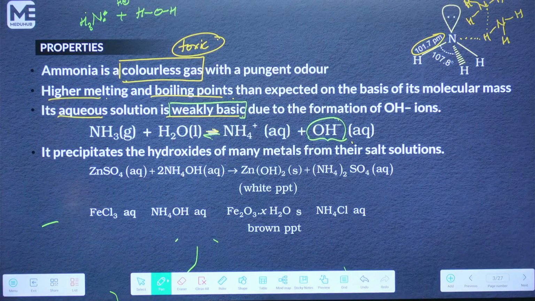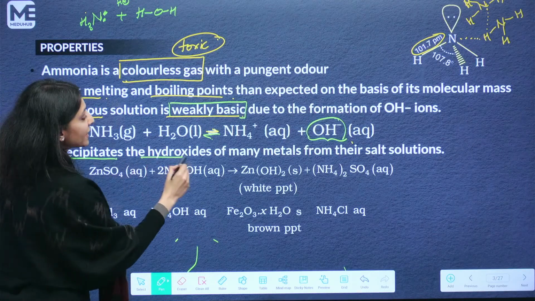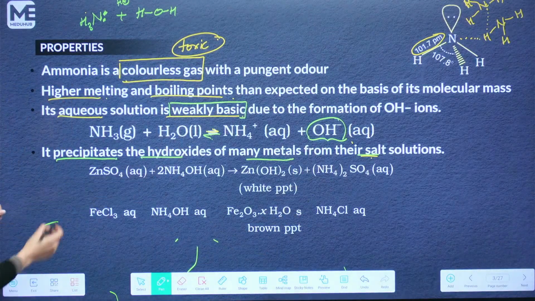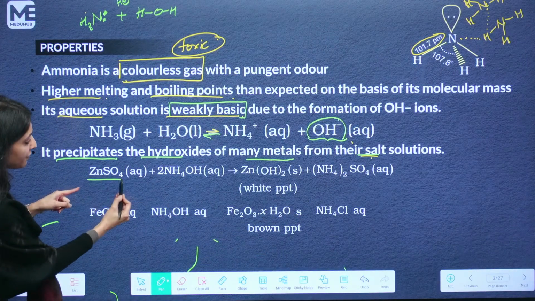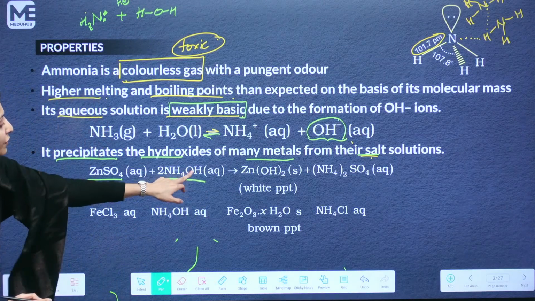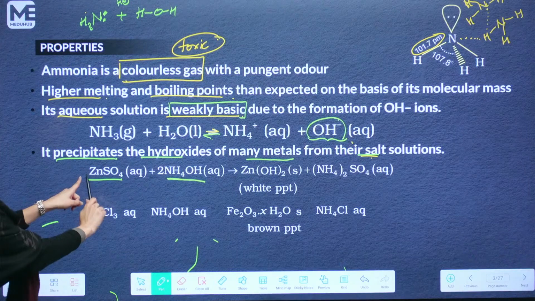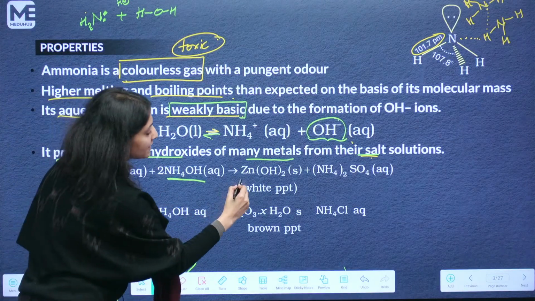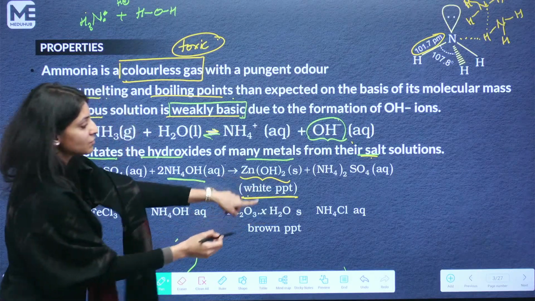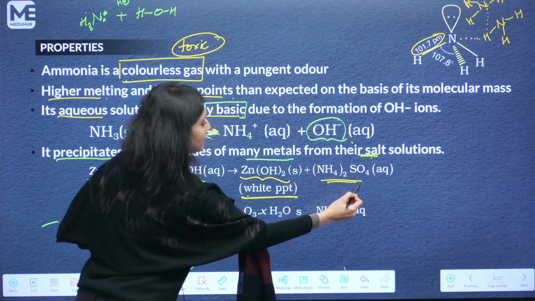Now, because ammonia is basic in nature, it precipitates the hydroxides of many metals from their salts. Look at this reaction here. ZnSO4, zinc sulfate, reacting with ammonium hydroxide, a weak base, forms a stronger base, Zn(OH)2, and precipitates it. This is a solid and we get ammonium sulfate.